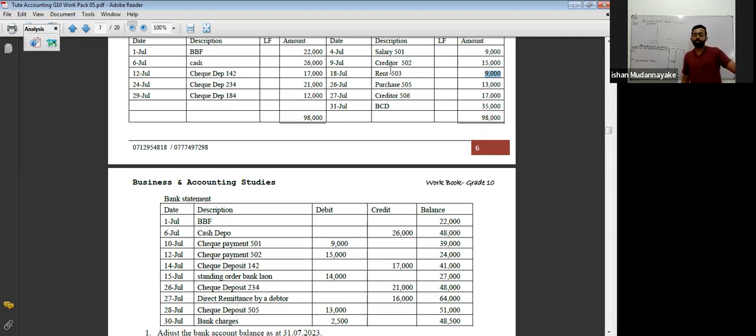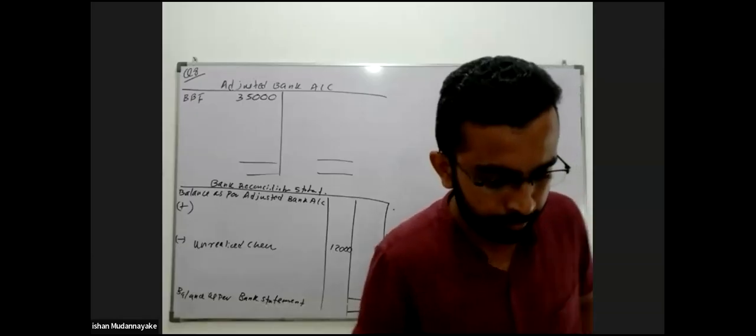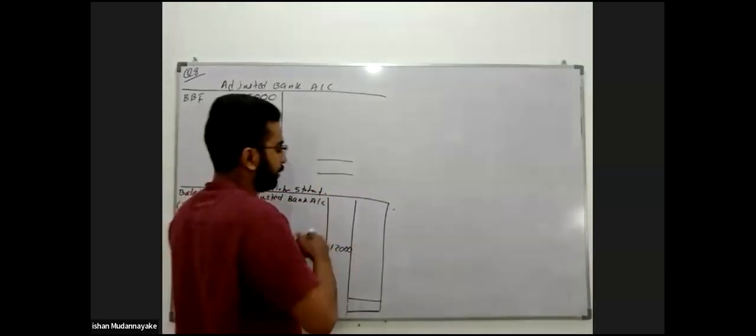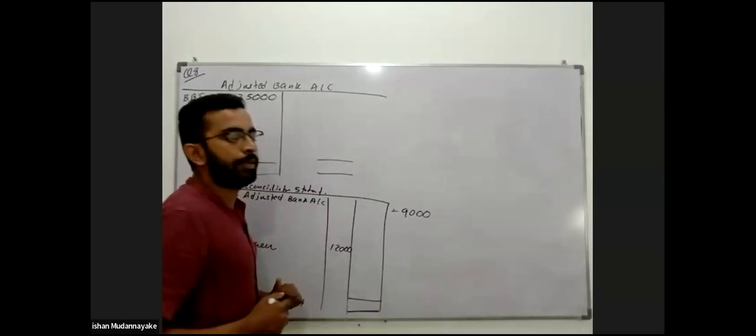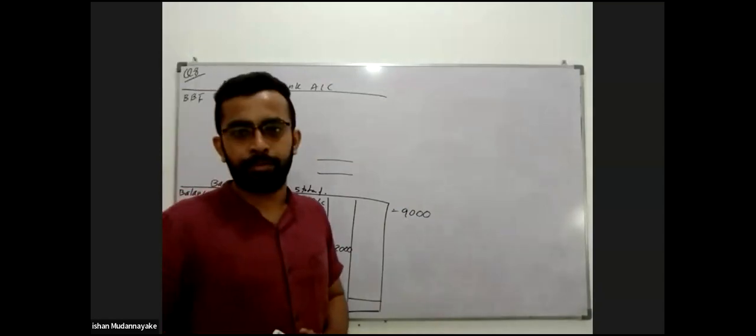You have issued 9,000 check, but still the supplier, the receiver of the check, has not presented this check to the bank. You have credited, you have deducted 9,000 from your balance, but still the bank has not debited.